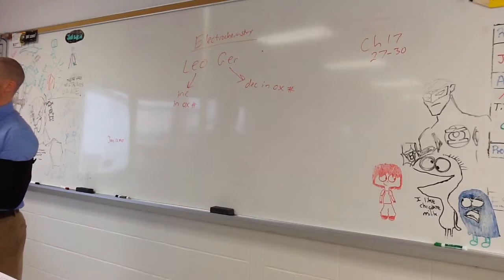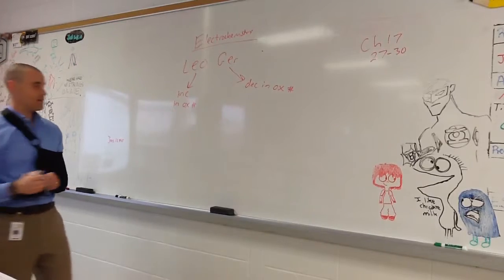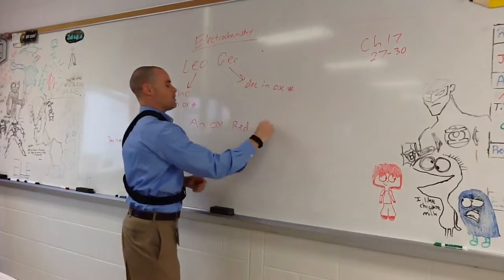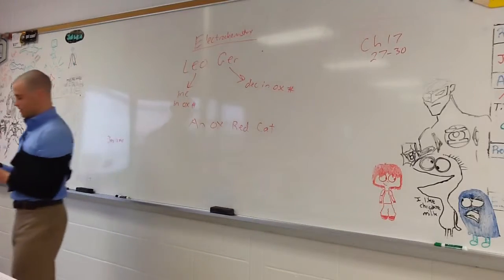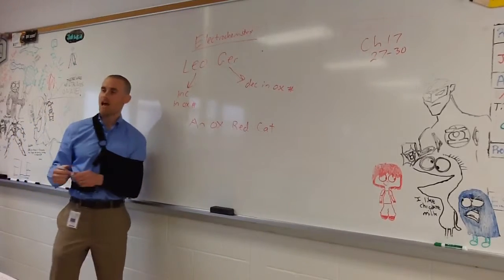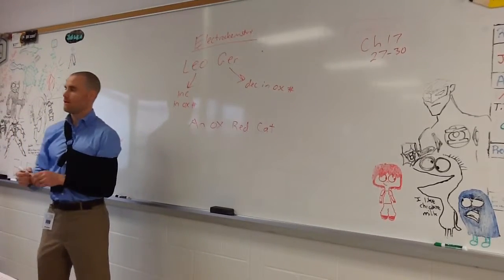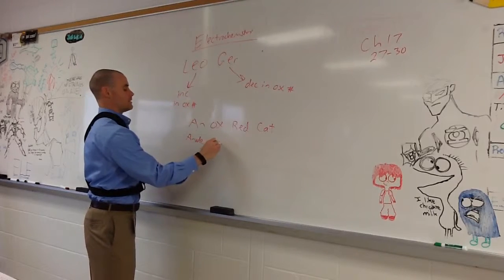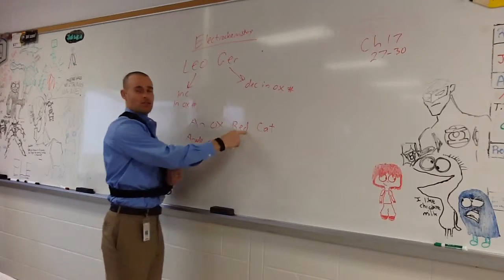In the cells, perhaps? An ox, red cat, right. So I'm just going to review all the big ticket terms here because it's going to help you, even this year. What's an ox, red cat mean? Anode oxidized. The anode is oxidized and reduction occurs at the cathode.